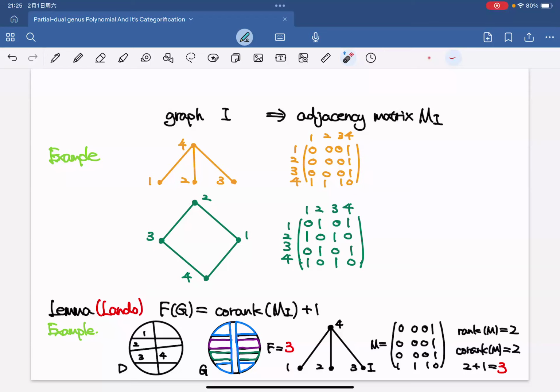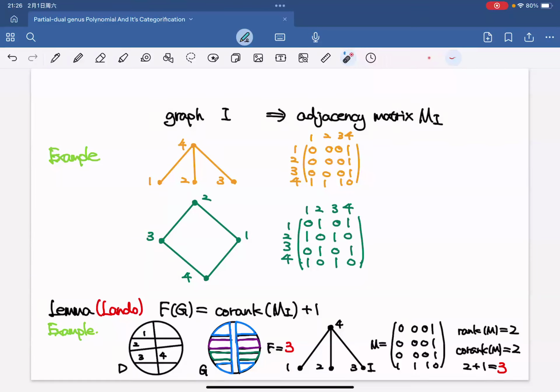If two vertices are connected by an edge, we write 1 here, and if there is no edge between them, we write 0. This is the adjacency matrix.